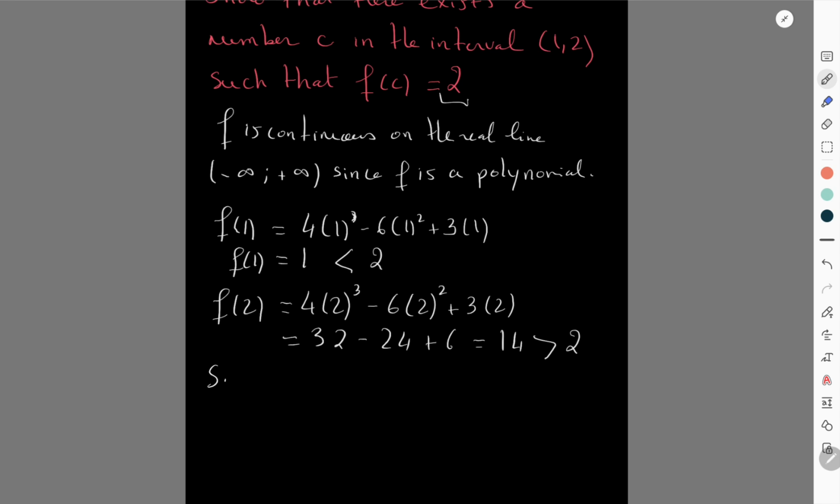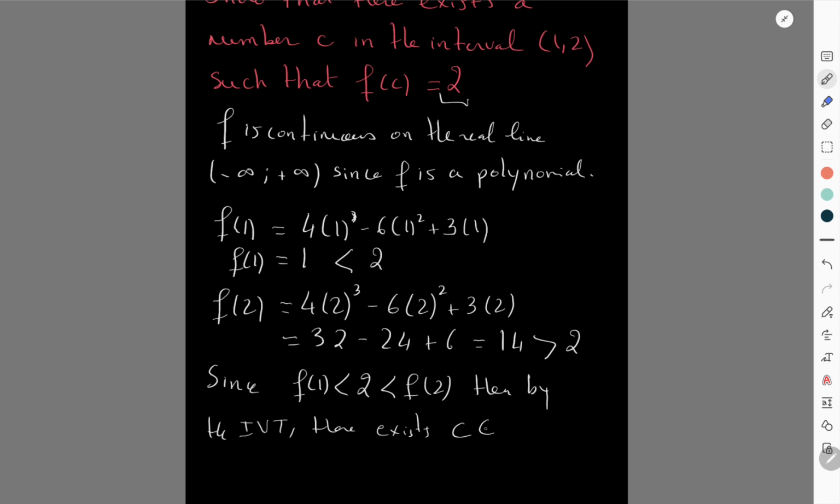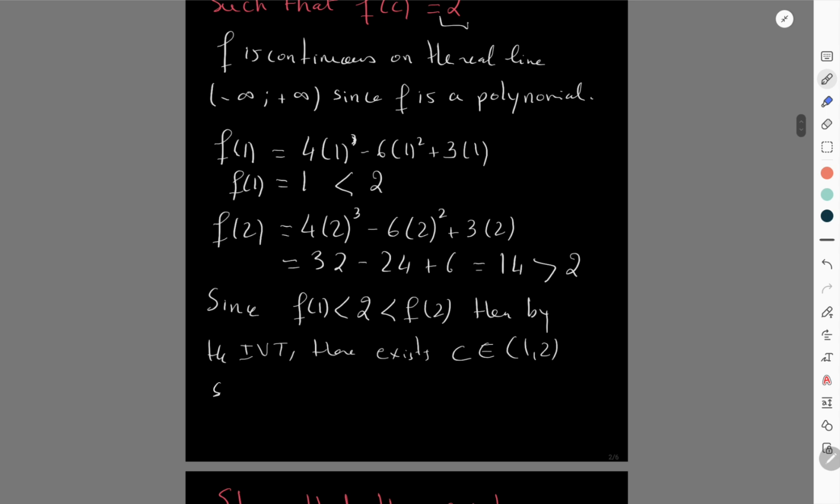Now, since 2 is between f(1) and f(2), then by the intermediate value theorem, there exists c in the interval (1, 2) such that f(c) is equal to 2.